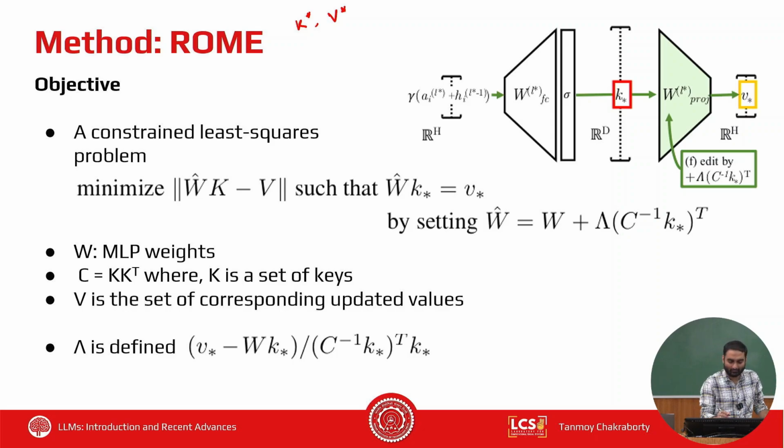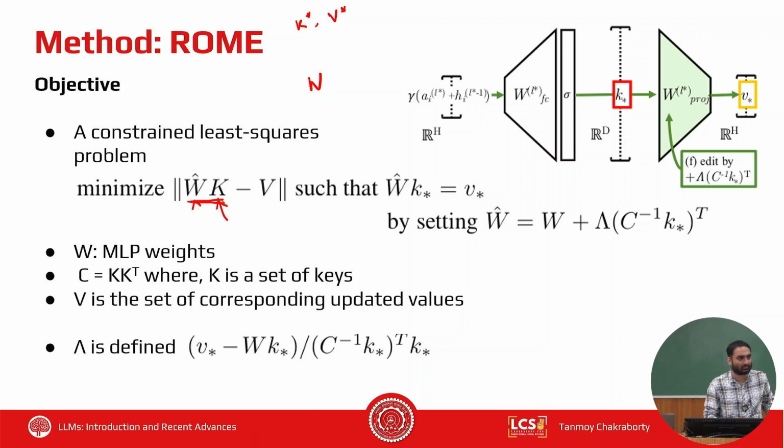So the MLP's parameter is W, right? You pose it as a least square problem, very simple. You have the set of keys K, and you have the parameter W. This is the MLP's parameter W.